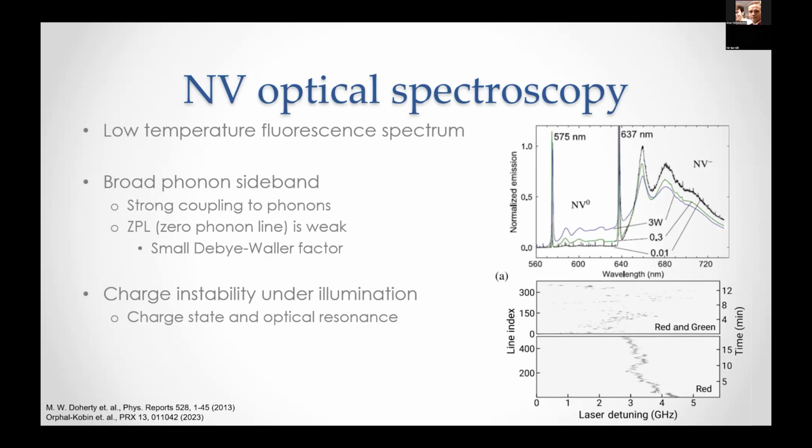When you just excite it with red, it doesn't move too much, about a gigahertz or two over many, many repetitions. But if you also use green, it just jumps around like crazy. Why does it jump around like crazy? No, never mind, I'll tell you later. Think about it.